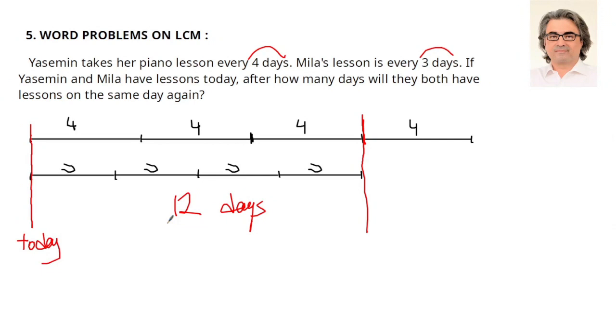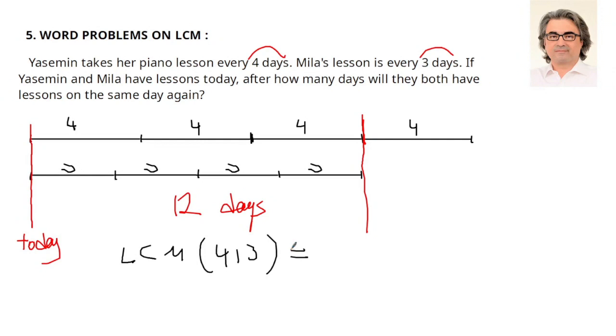Okay. So the answer of this question is the least common multiple of 4 and 3. If you think carefully, you will get this result. You should find a number for the question, after how many days.